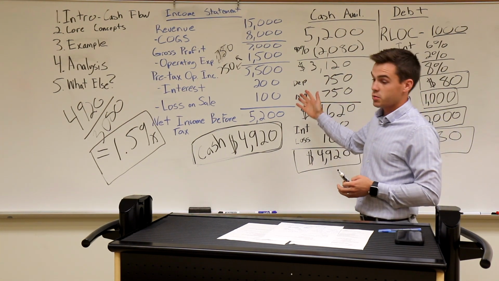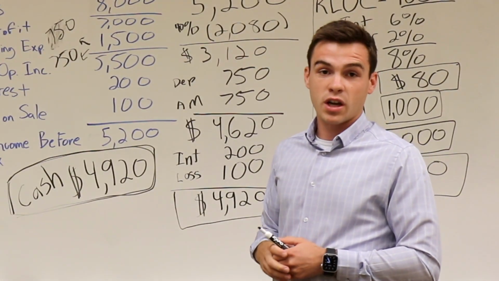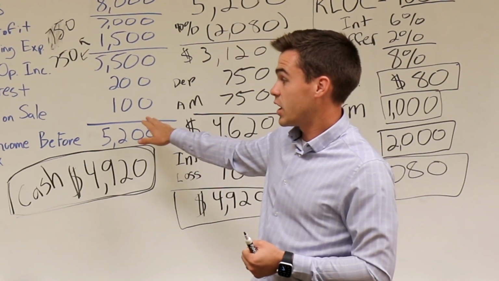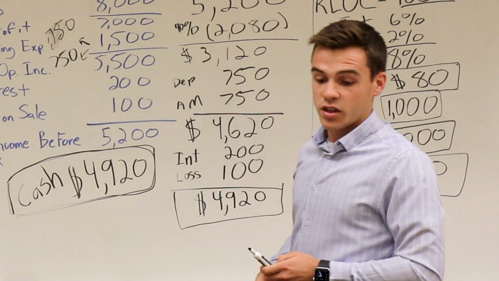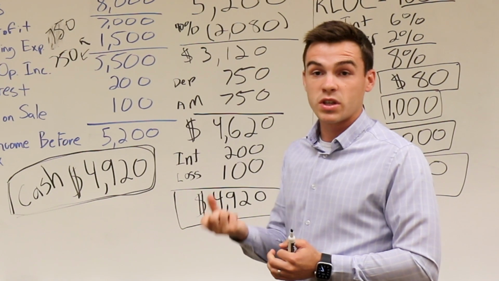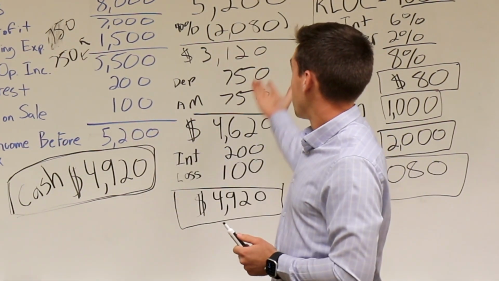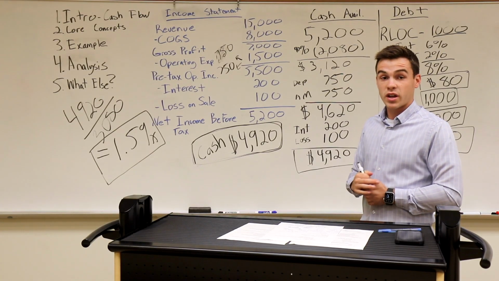This could be things like the owners of the company making a distribution and taking cash out of the business. That's not captured on the income statement, but that's cash they no longer have to pay their debts. It could also be capital expenditures. If they buy a new piece of equipment with cash, that's not an expense, but it is something they're using cash for. So things like that we want to consider.